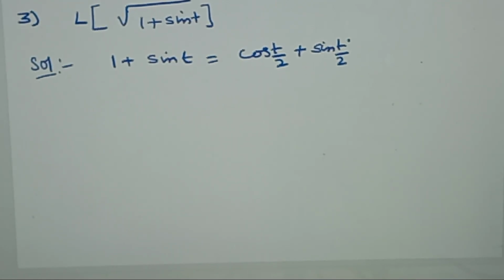You have to remember this. When expanded, what comes? Cos square t/2 plus sin square t/2 plus 2 cos t/2 into sin t/2, which is nothing but 1 plus sin t.